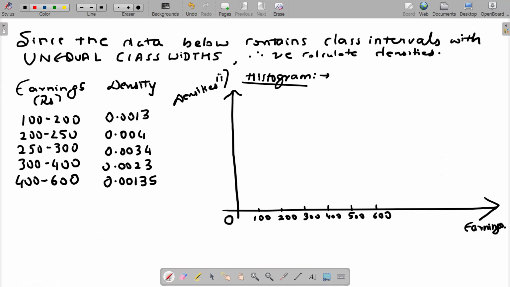And for densities also, I can choose a scale. It starts from 0.0013, ends at 0.00135. So I can take the scale as 0.001. So 0.001, then we have 0.002, then we have 0.003, and then our last value is 0.004.